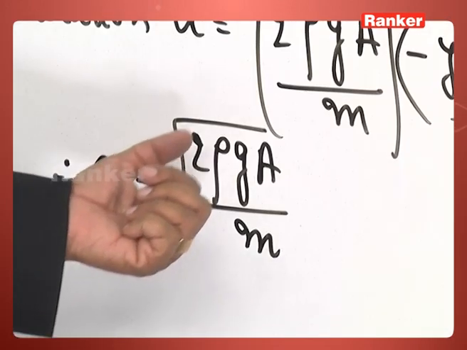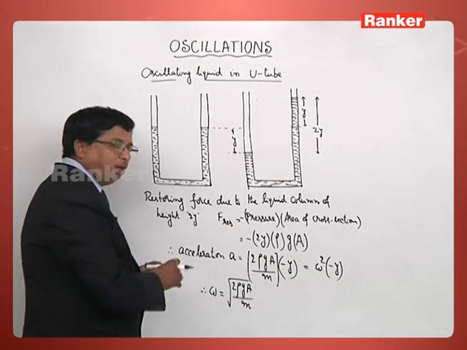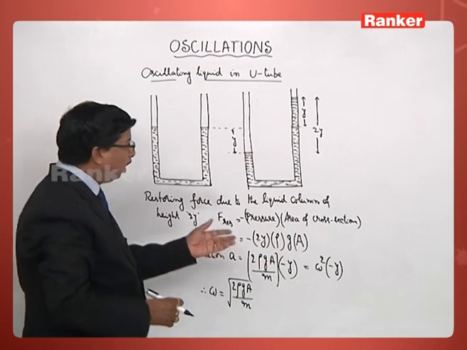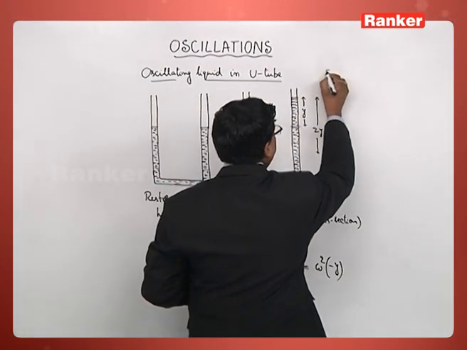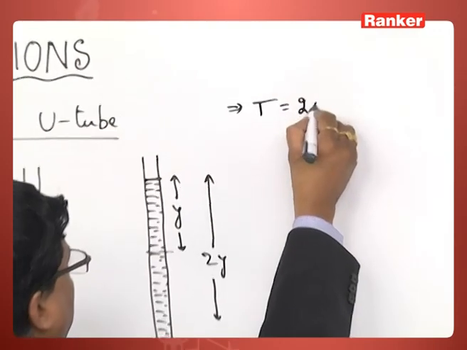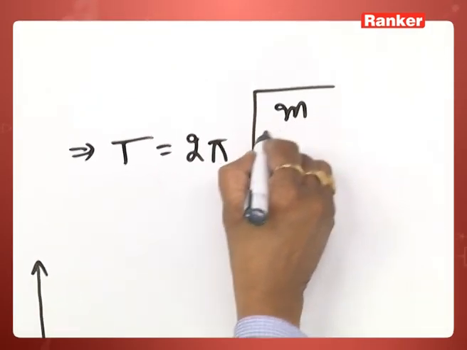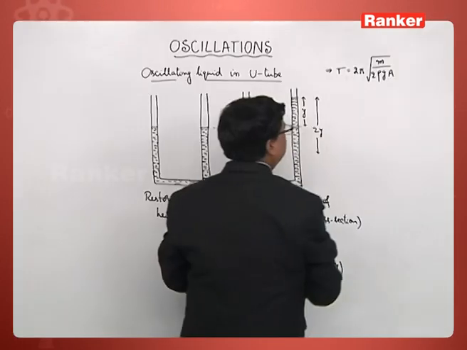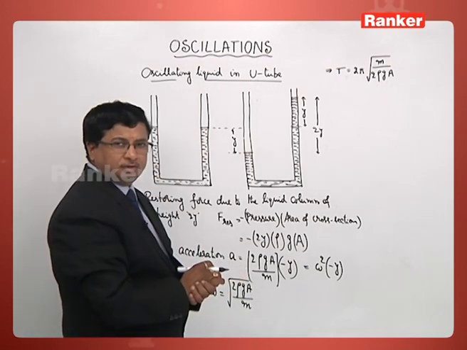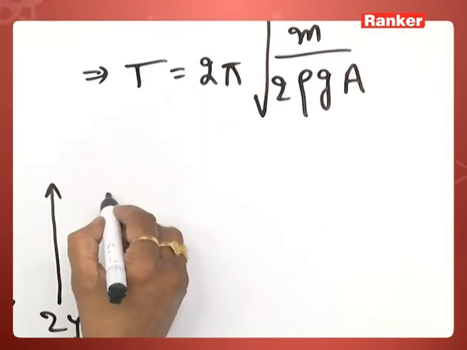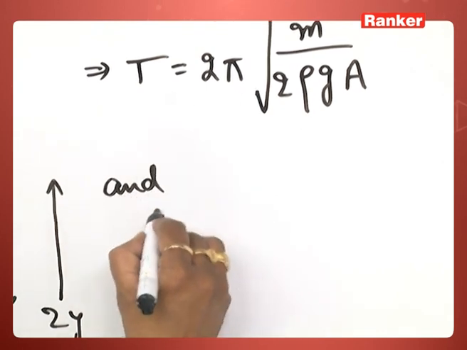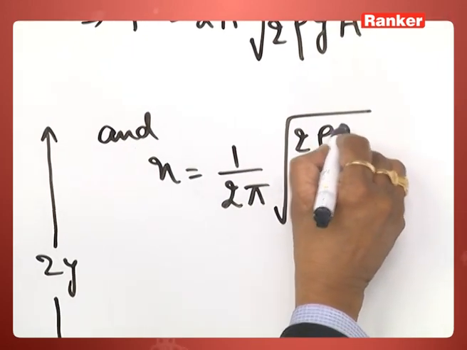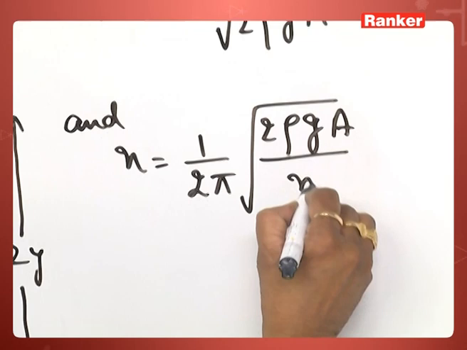So 2 rho g A by M under root is the angular frequency, which can be written as omega. What would now be the frequency? This implies time period is equal to 2 pi under root m by 2 rho g A. You can rewrite the same this way, and the linear frequency n is equal to 1 by 2 pi under root 2 rho g A by m.